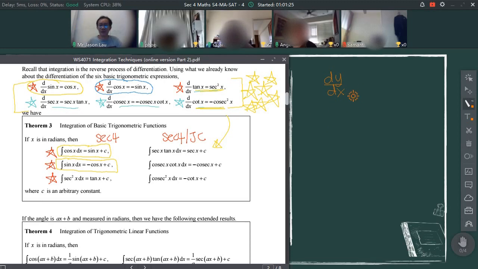Like I have a y, I can differentiate, I get dy dx. Then when I want to go back, what should I do? For example, if I have an x term, I square it, I become x squared. Then if I square root, I get back x.